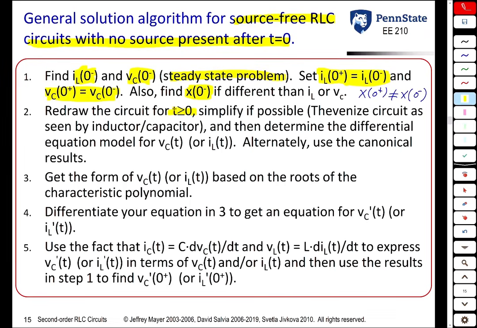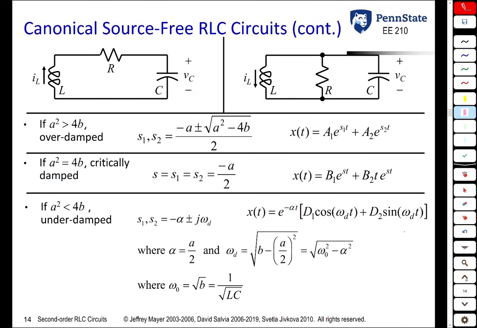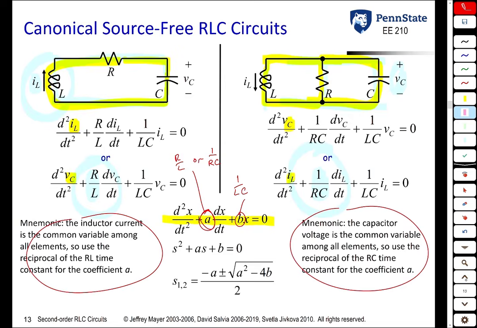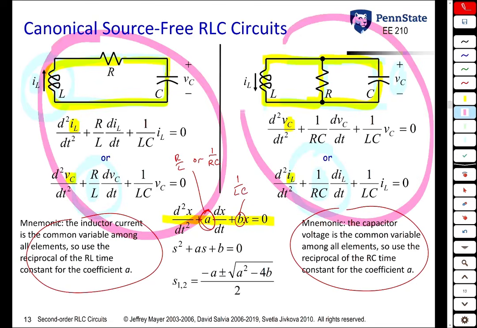Once you have a simplified circuit, you find the differential equation model for whatever you're looking for, whether it's VC or IL. Alternately, and this is key, we're going to see this in examples, we can just use the canonical results that we determined previously. We know from here that if it's a series circuit, that becomes a differential equation, and if it's a parallel circuit, that becomes a differential equation.